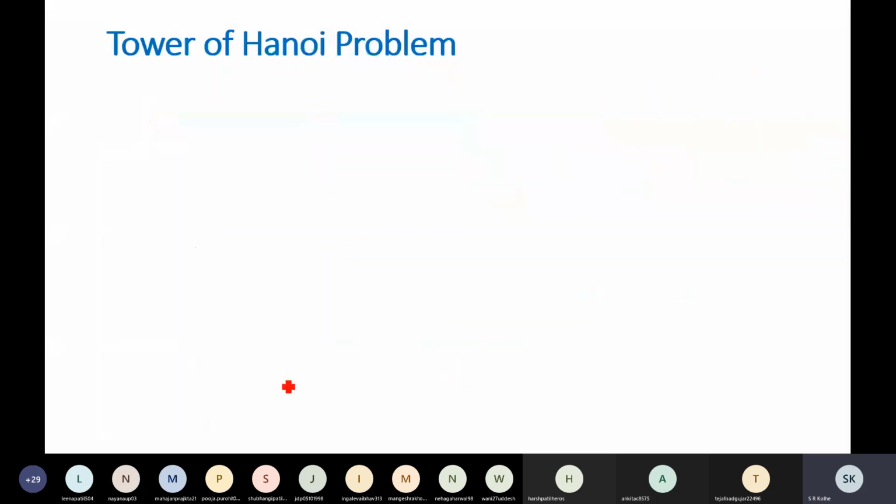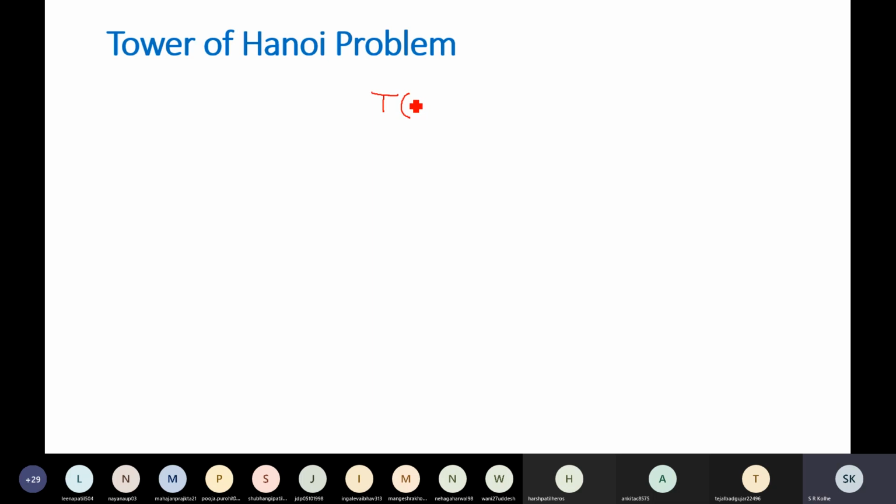I will move all this. So what can I do? I define a function transfer which will have 3 parameters.